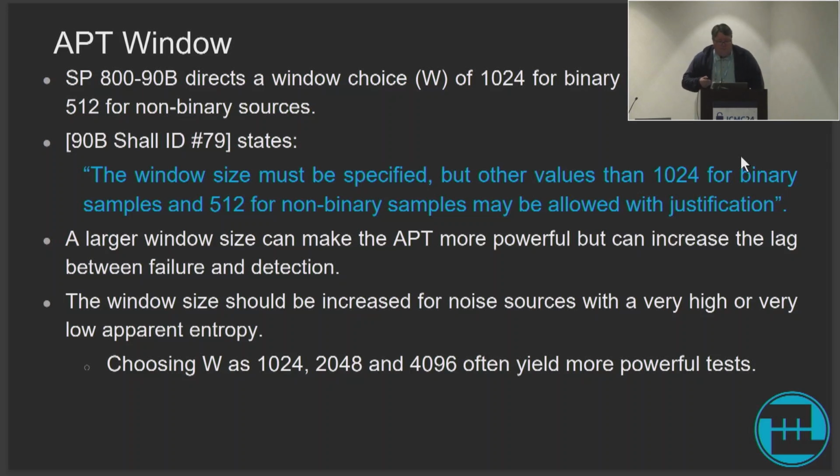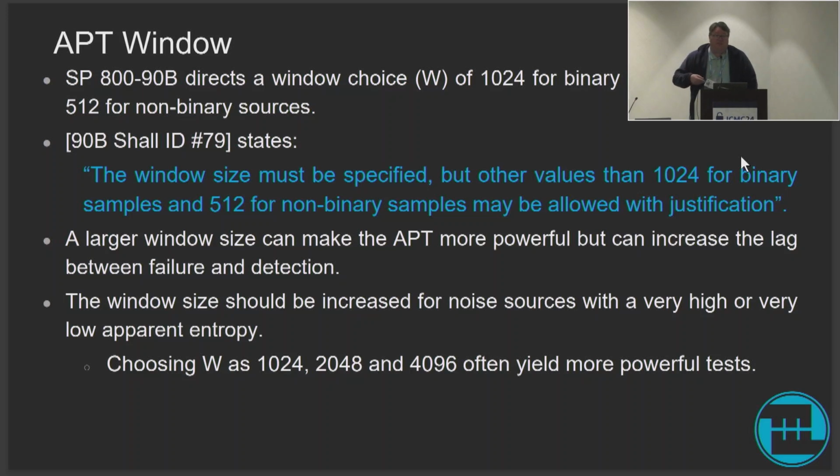Okay, so reasonable choices, even for wide symbols, would include things like 1024 symbols, 2048 symbols, or even 4096 symbols. And you can get some fairly impressive false positive results with these larger window sizes. You don't want to let this window grow without bound. Eventually you do run into real problems where you have very few opportunities to fail.